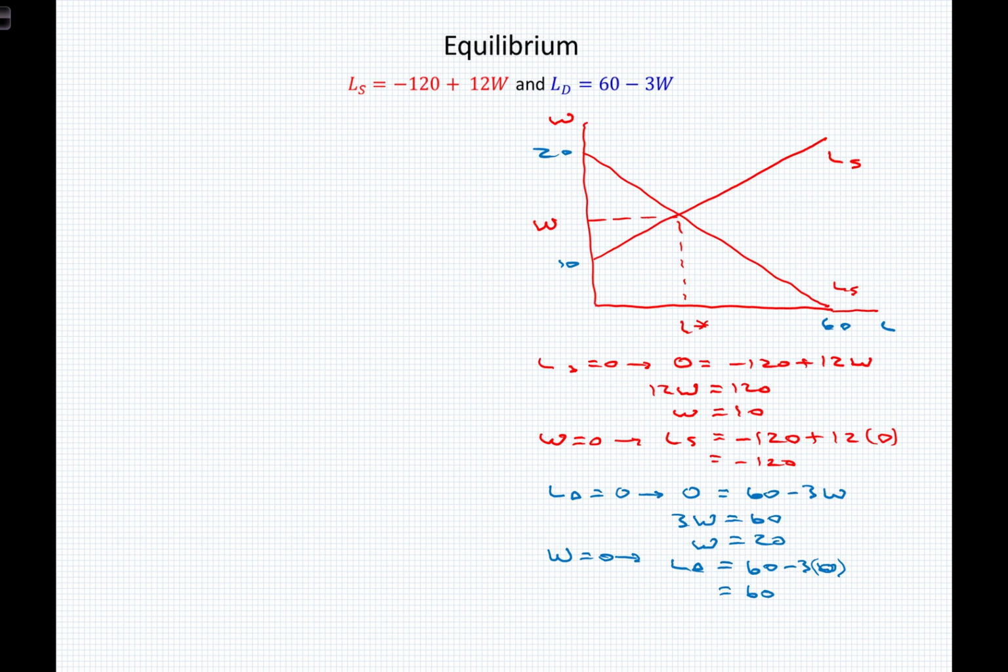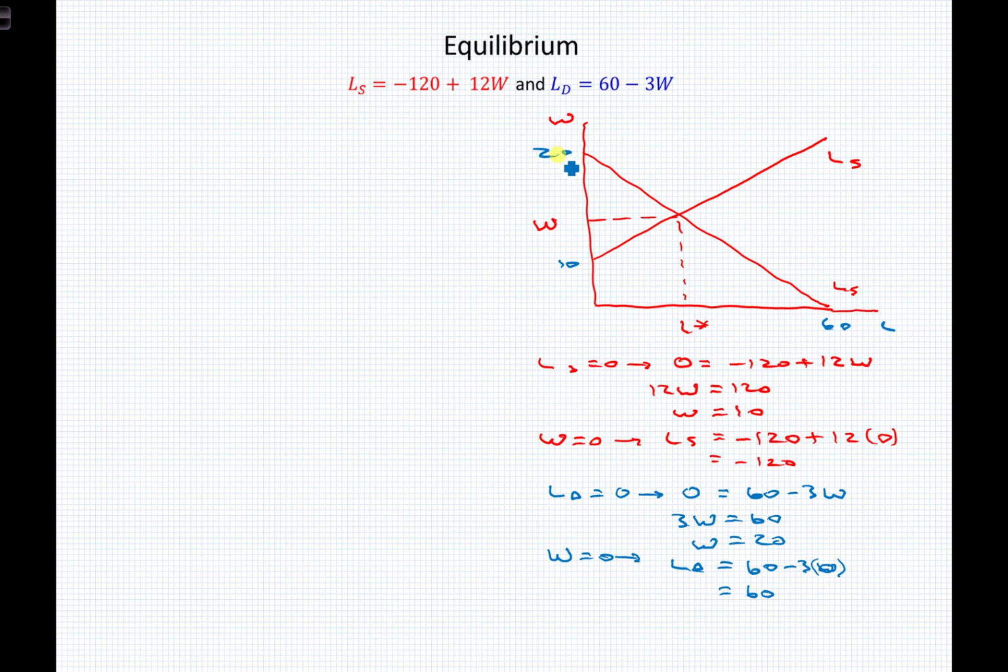But when wage is 0, labor supply is negative 120, which would suggest that as the labor supply curve continues to come this direction towards the x-axis, it's going to cross it at a negative value. So remember, we've talked about this. We can think of this in negative space as well. Well, that's fine. We've got some points here, and we think we know something of what they might mean.